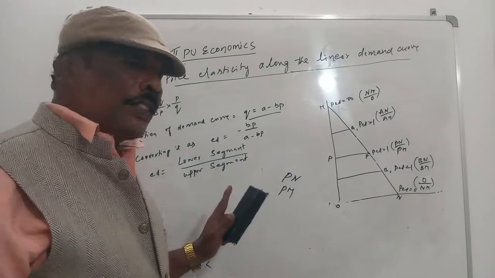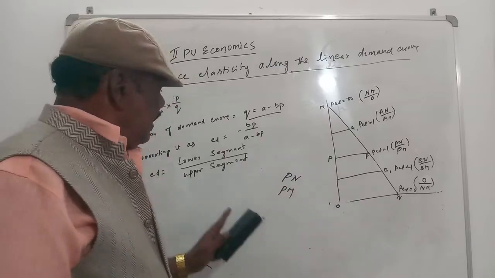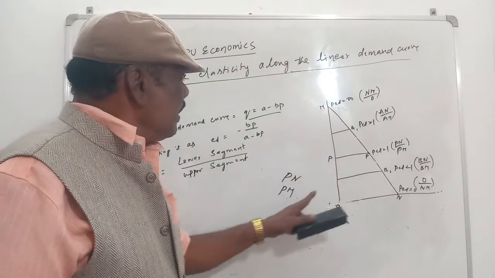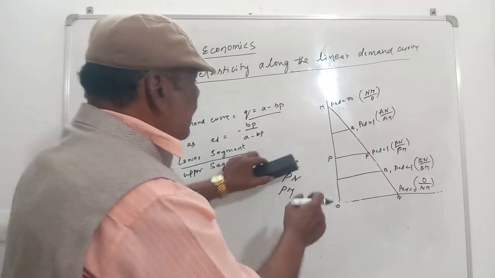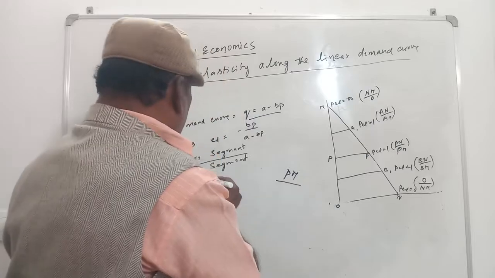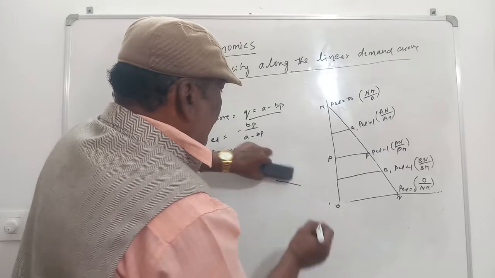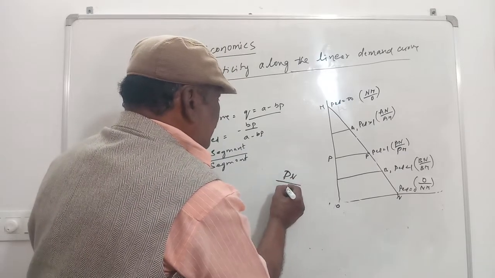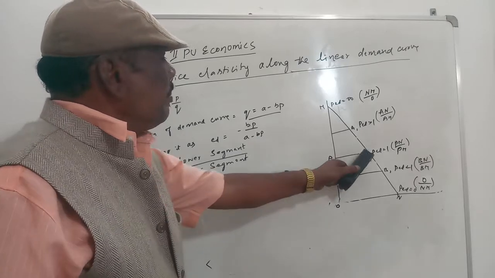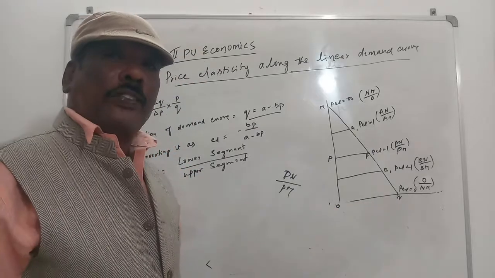To get the elasticity of demand, you have to divide the lower segment by the upper segment. PM is the upper segment, and PN is the lower segment.